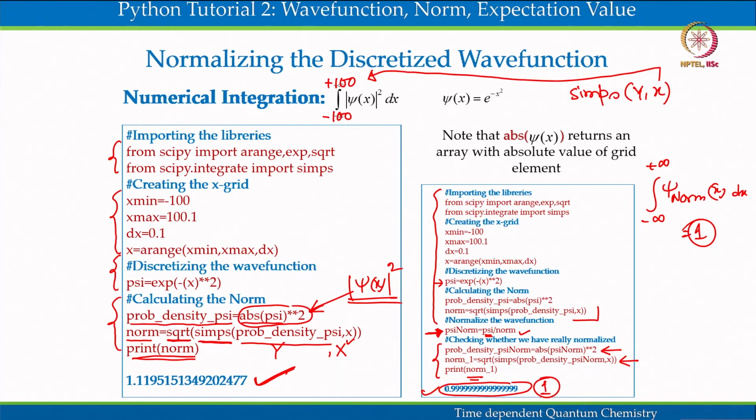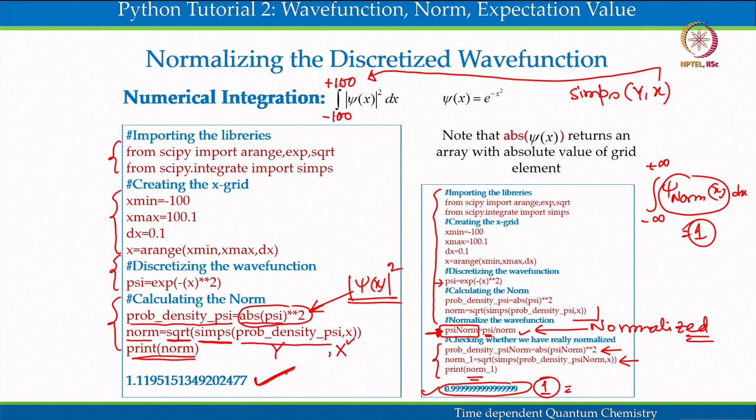Because the norm is 1, it means that the wave function which I have right now, the PSI norm, is now a normalized wave function that we have proved. And always in quantum dynamics, we have to use a normalized wave function. This is something which we have learned in this course.